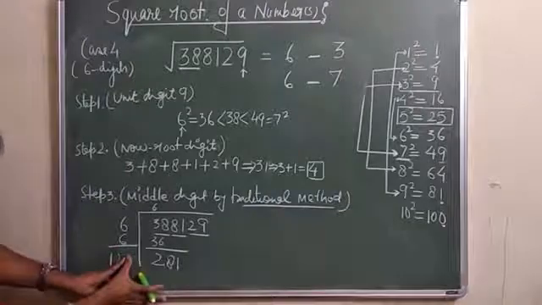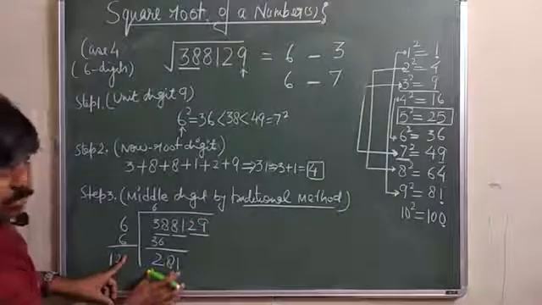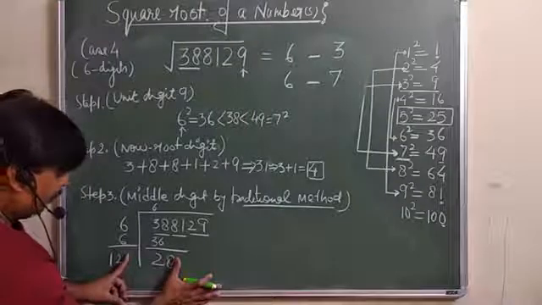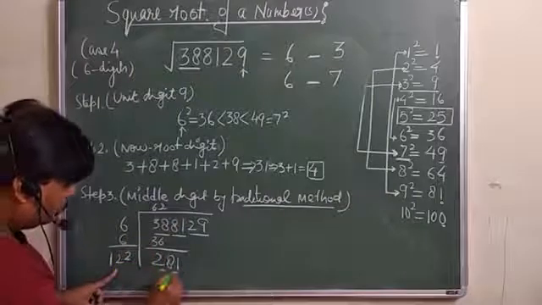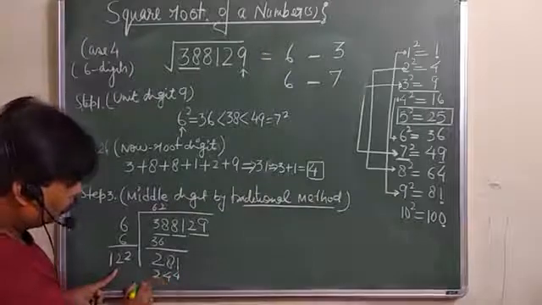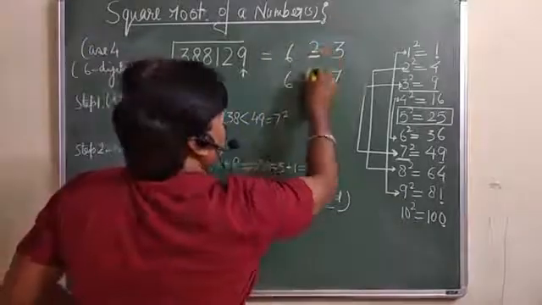Now whatever digit we will write here, same digit we will write here, multiply that, it should be less than or equal to this number. So approximately for this coming digit we can take 2. So 2 times 4, 4, 2. It means your middle digit will be 2.